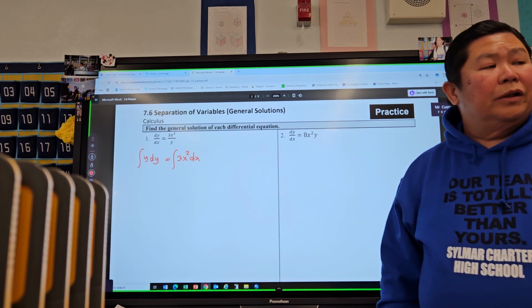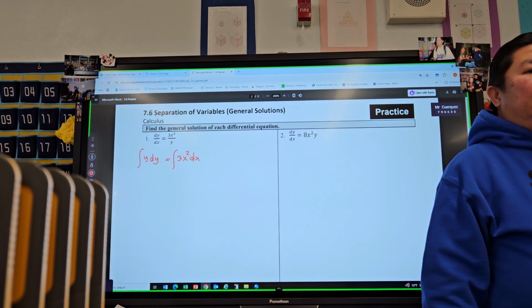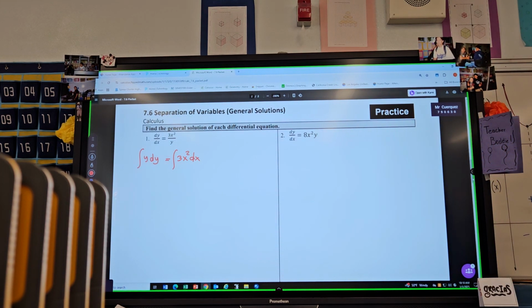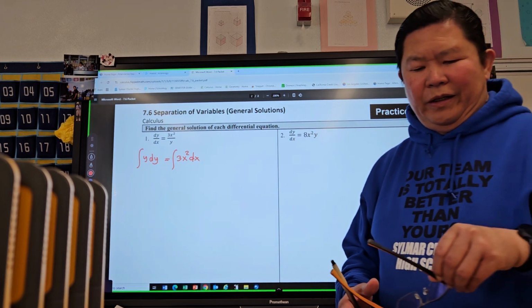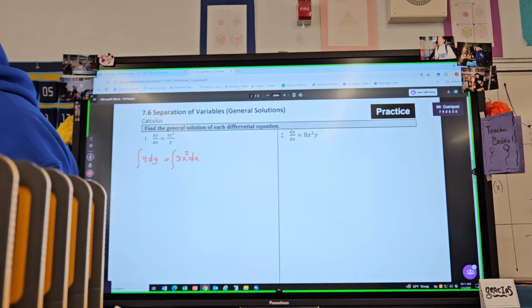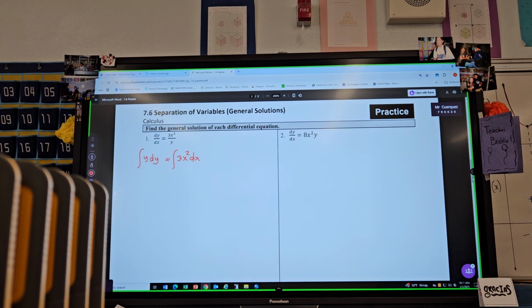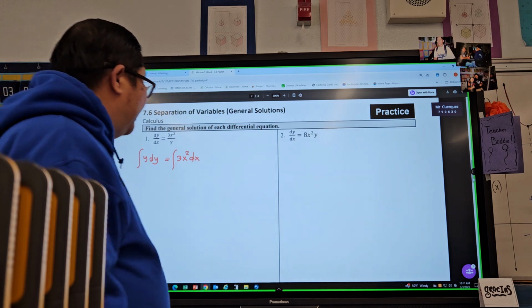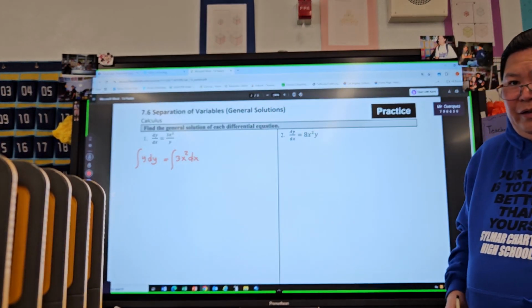And make sure when you take the square root, please don't ignore the plus and minus. Okay? Well, you have 2x cubed. Yeah, you're right. That's correct, Money. So keep going. You do number 2, Money.